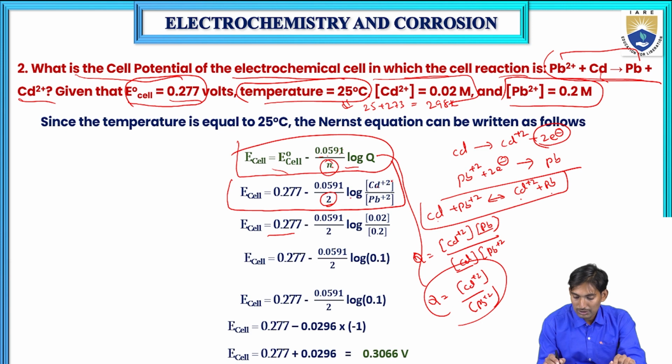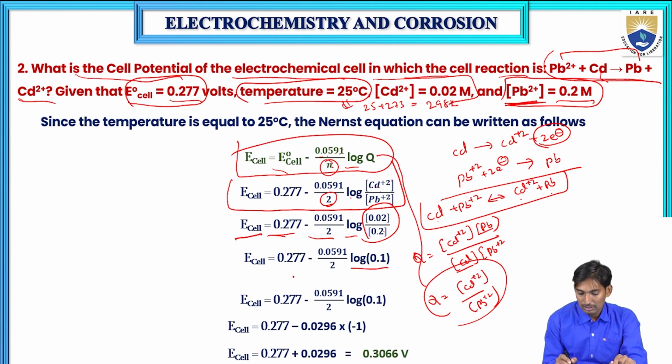Log of cadmium plus 2 concentration divided by the concentration of Pb plus 2. E cell equal to 0.277 minus 0.0591 by 2 log, where the concentration of cadmium plus 2 is 0.02 molar and the concentration of Pb plus 2 is 0.2. Then 0.02 divided by 0.2 becomes log of 0.1.